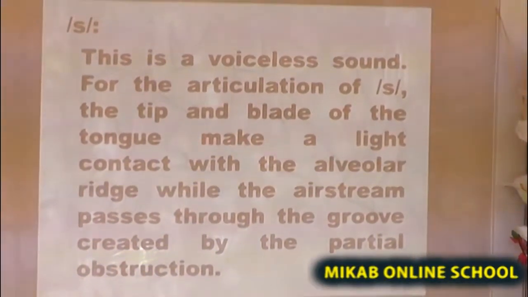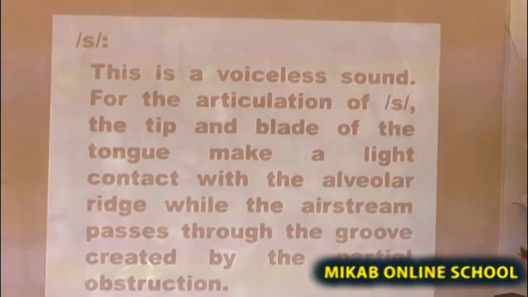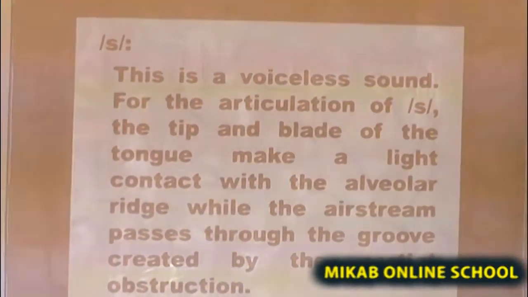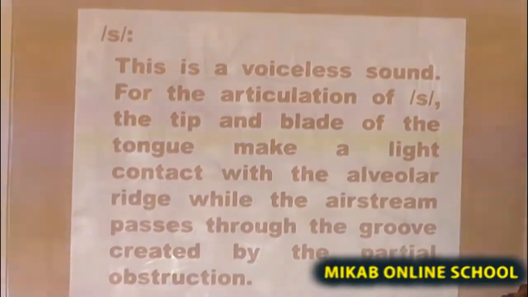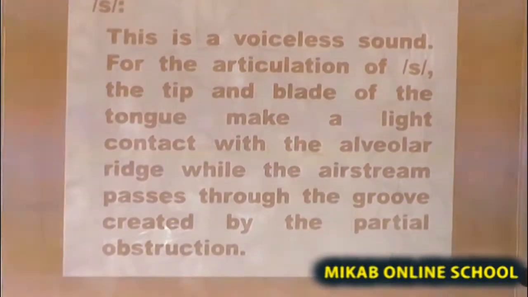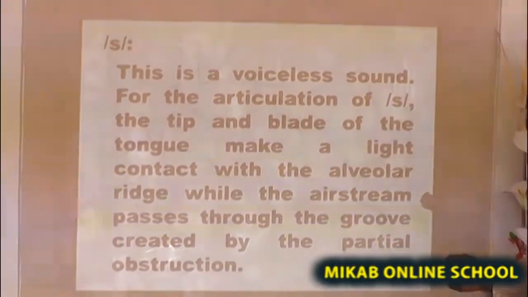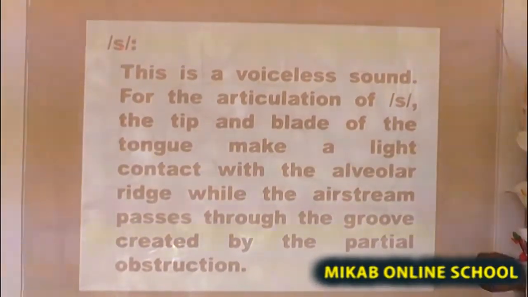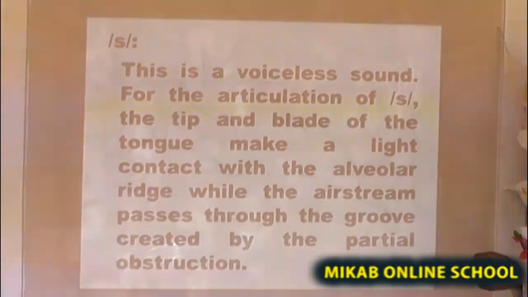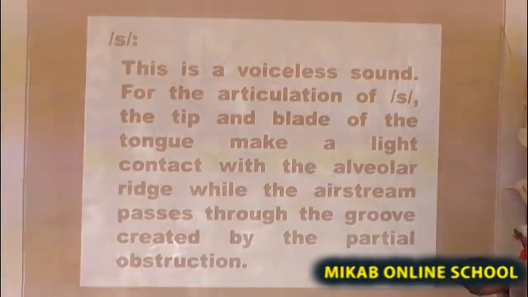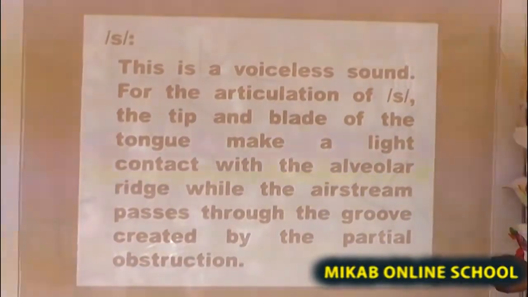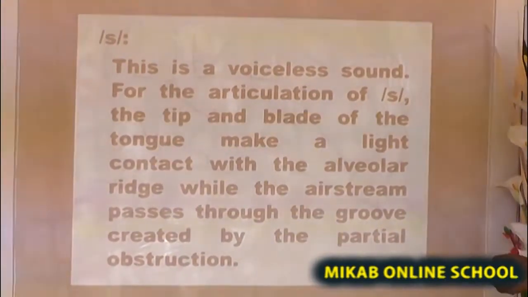The next one is this sound. This sound is a voiceless sound and is called the sa sound. S is sound, sa sound. Any word that contains the sa sound is this.